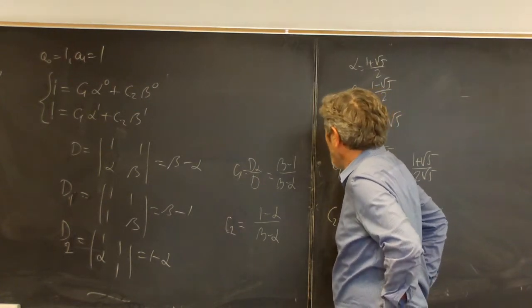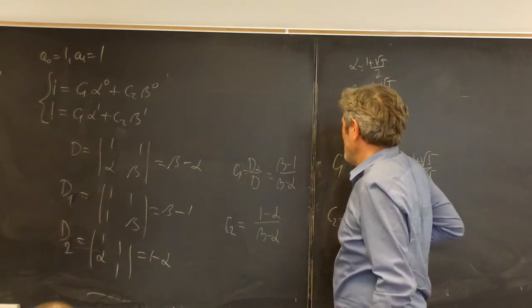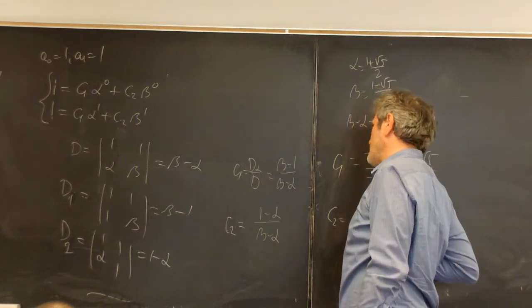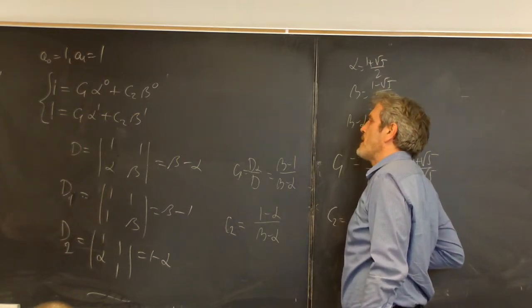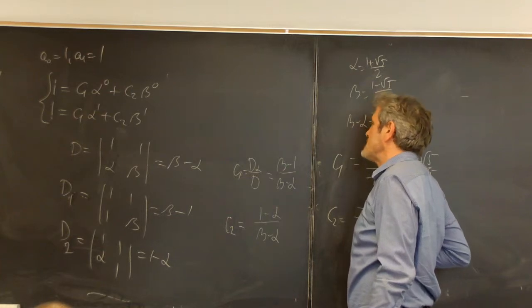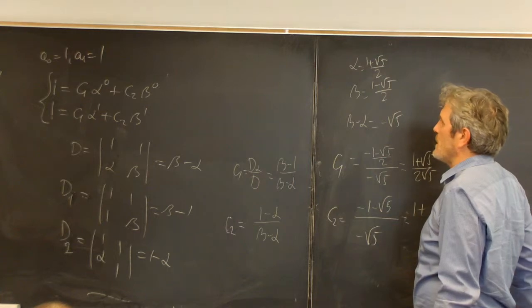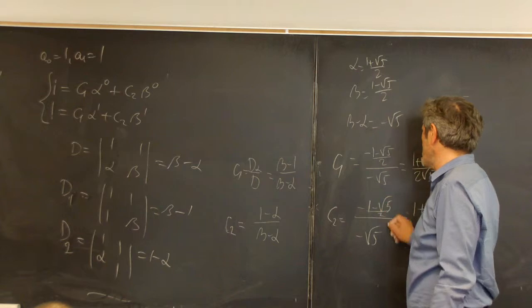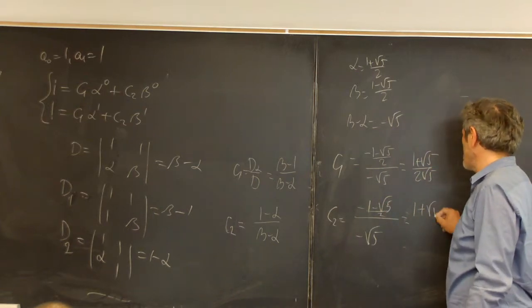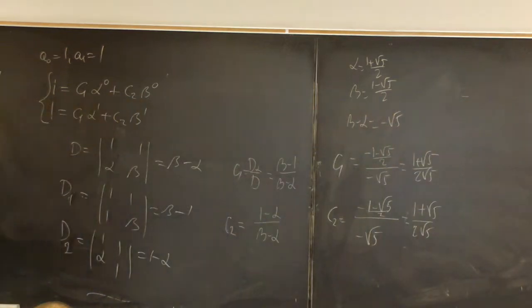By the way, are 1 minus alpha and beta minus 1 the same thing? Beta minus 1. So what would that be? Looks like, no, this is minus 1 minus root 5 over 2. So it looks like 1 plus root 5 over 2 root 5. That's correct. Let me check.